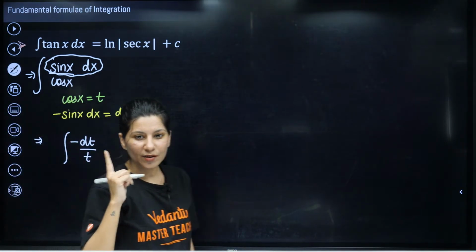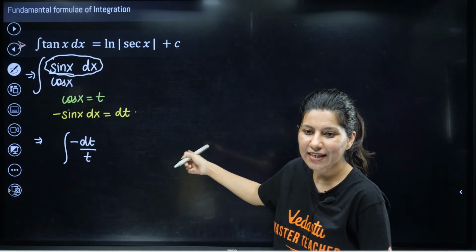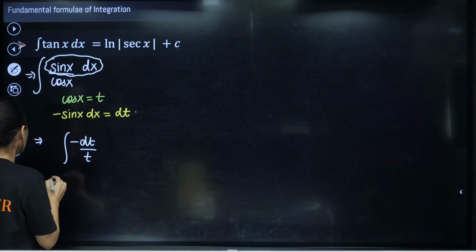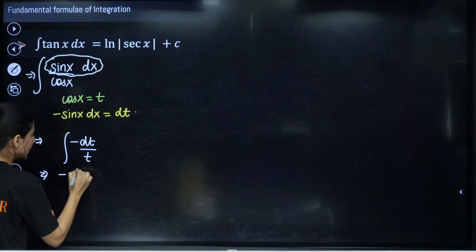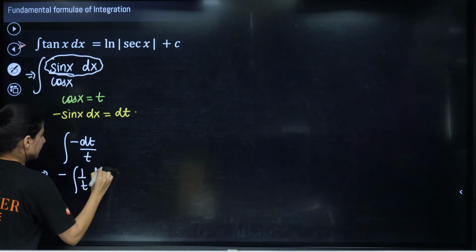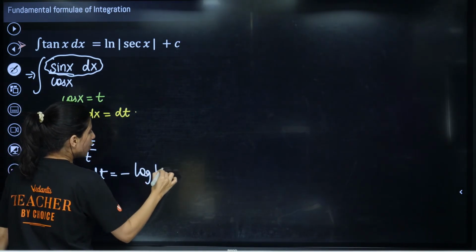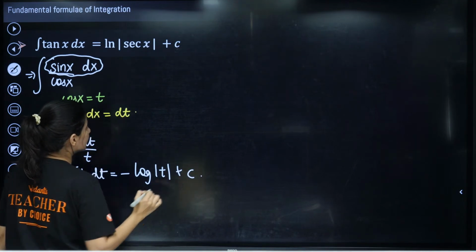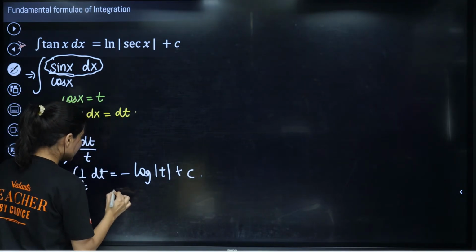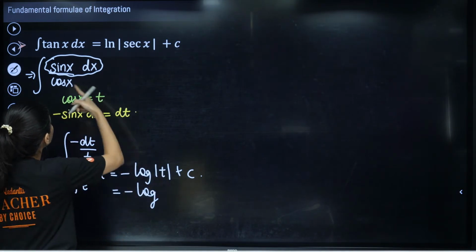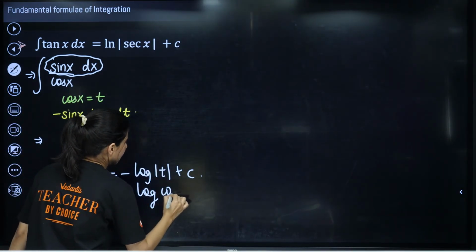ProCuber, you were asking this, right? This is your answer. So this is actually minus 1 by t dt. The integration will be minus log of mod t plus constant. What is t? Cos x.